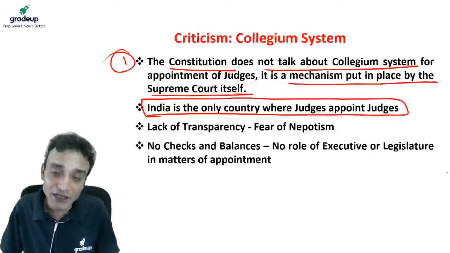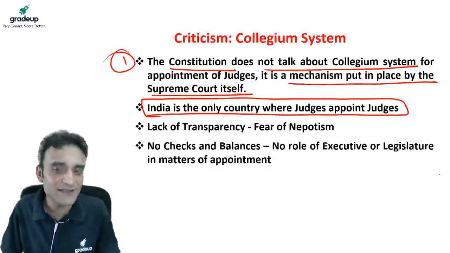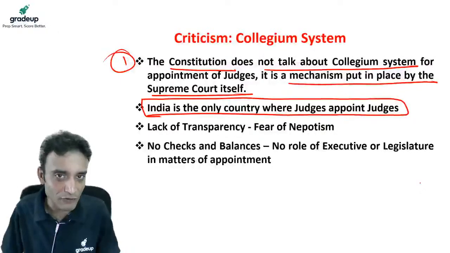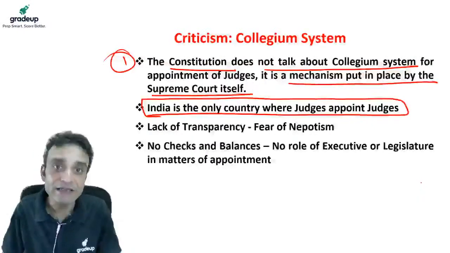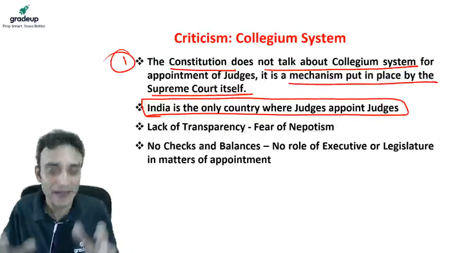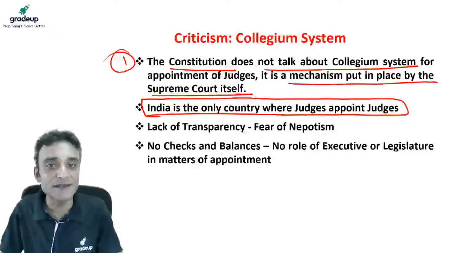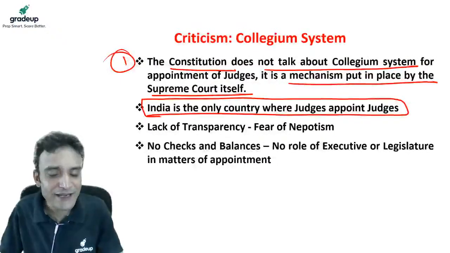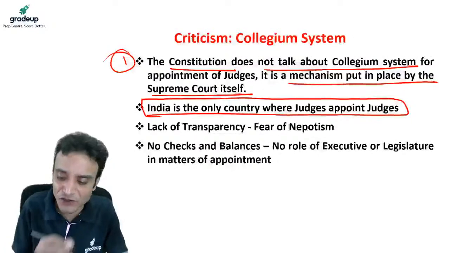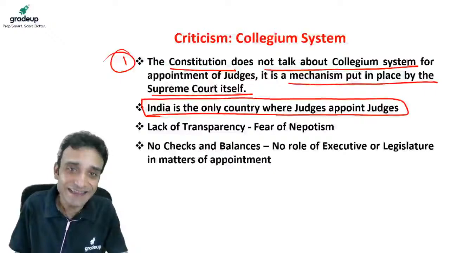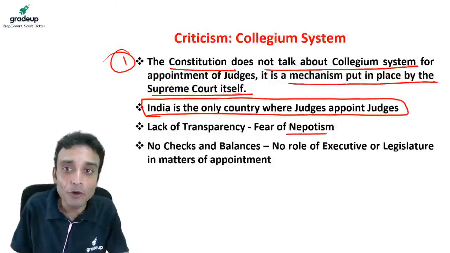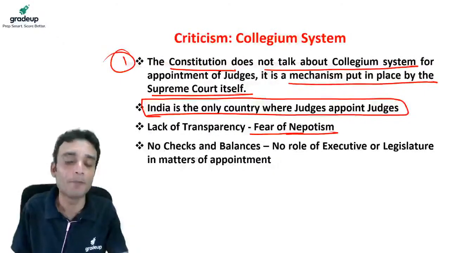For example, in the US, one of the best judiciary in the world, the US Supreme Court judges are appointed by the Senate, that is the Parliament, by a committee, the Judicial Appointments Committee. Am I clear? India happens to be the only country where judges appoint judges. And this leads to nepotism, the fear of nepotism.